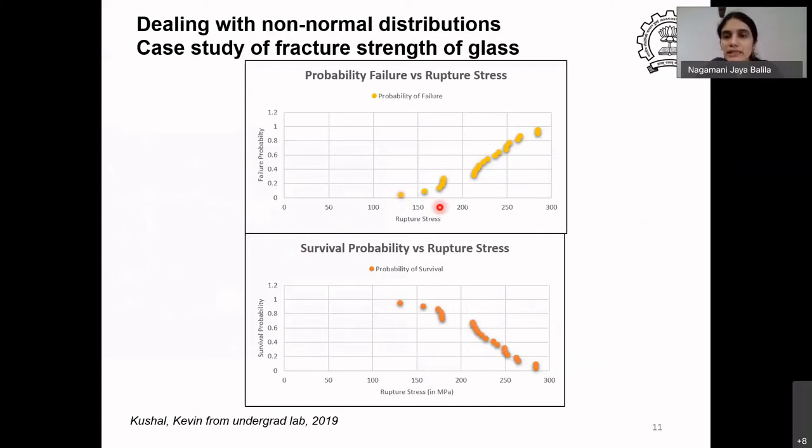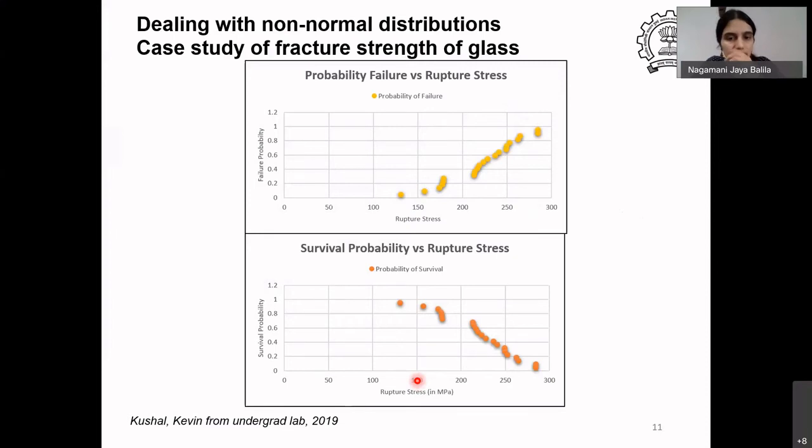But as you increase the requirement of stress, then the probability of failure keeps on increasing, and the function looks something like this. So what this tells you is that at about 280 MPa or so, the probability of all of them failing is maximum. So 1 minus that will give you the survival probability.